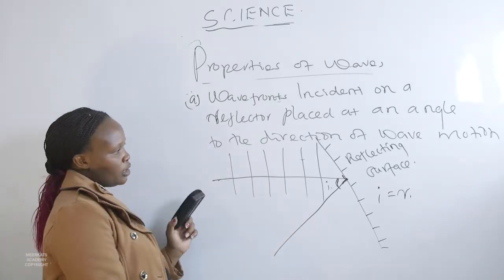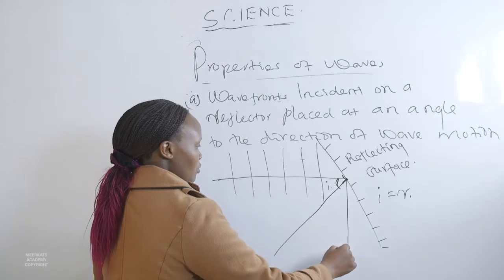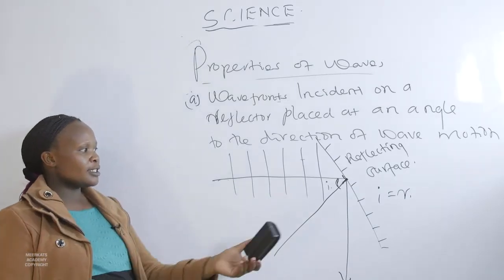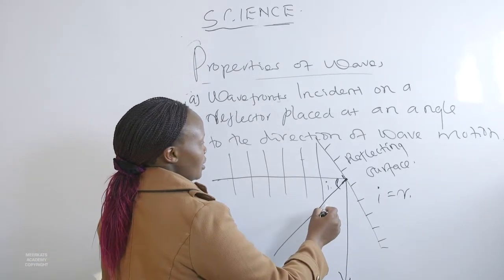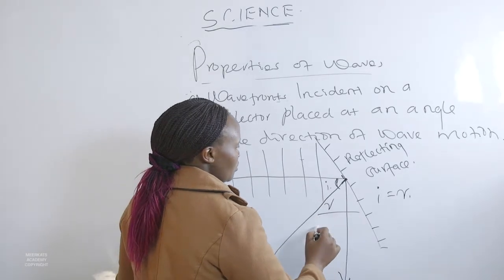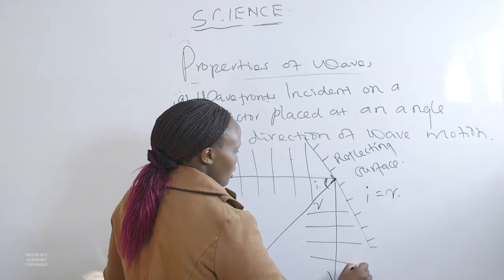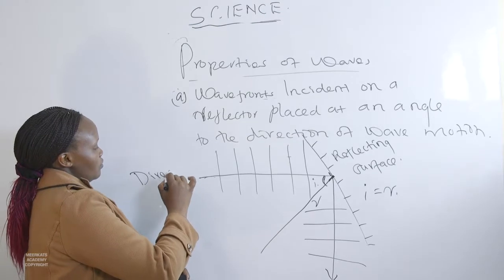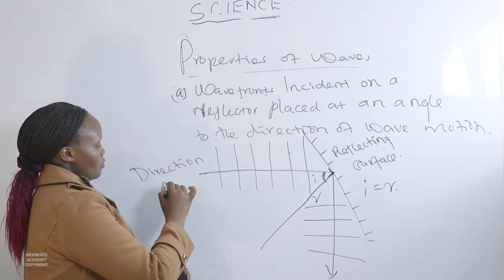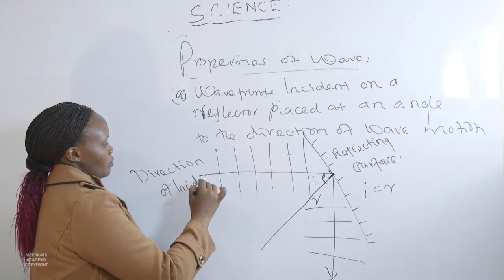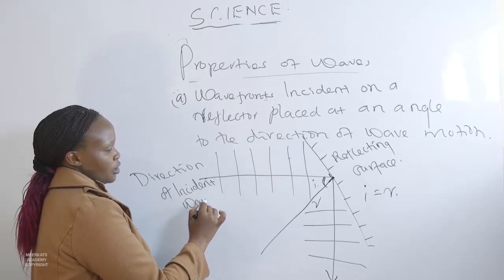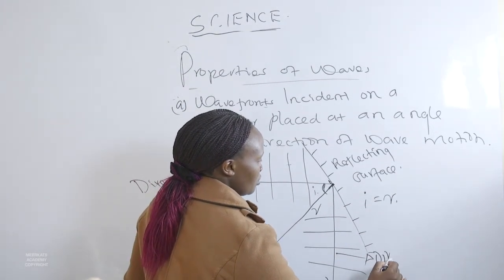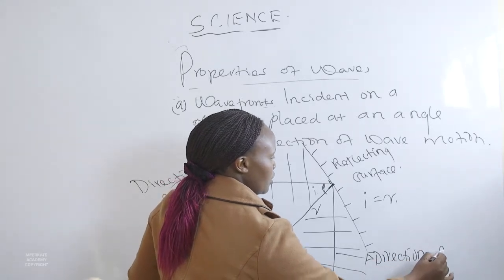So you will expect the direction of wave motion to be such that I is equal to R. Your plane waves will now take this other direction, so that this one is the direction of the incident wave, and this one here is the direction of the reflected wave.